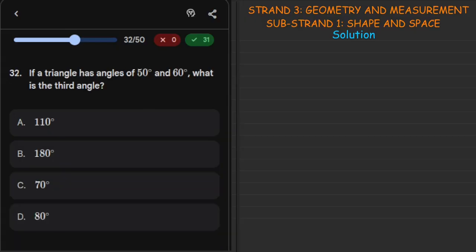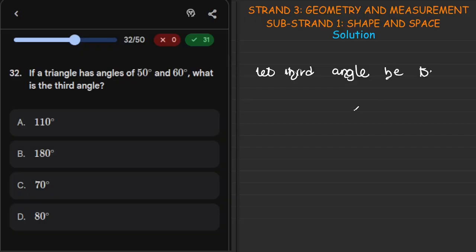Question number 32. If a triangle has angles 50, 60, and then what is the third angle? Now let the third angle be any variable at all.